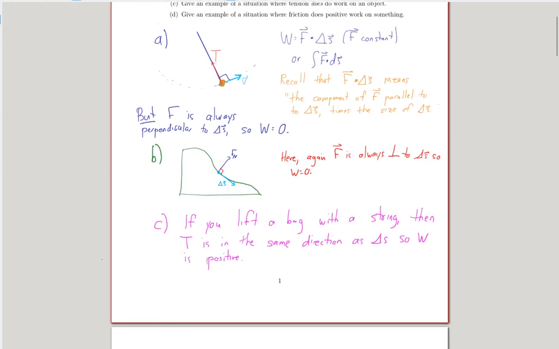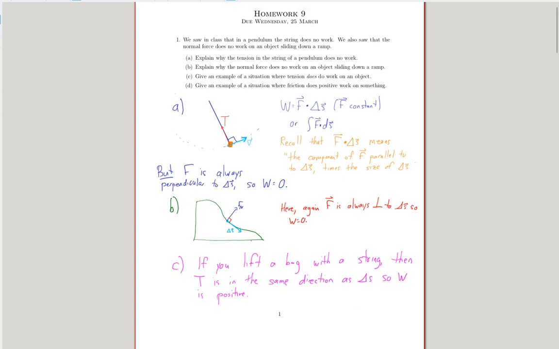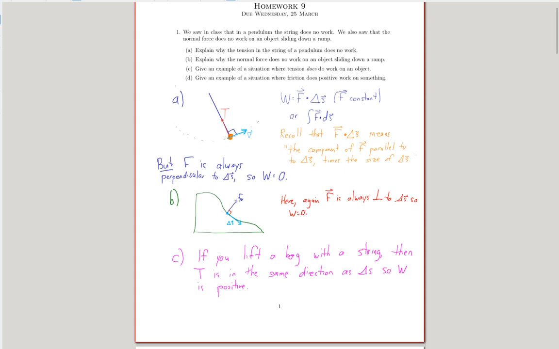And part D says give an example of a situation where friction does positive work on something. Positive work, again, where friction causes something to speed up. Correcting my writing here. Remember, work is the change in kinetic energy. So for part D, friction makes things speed up.